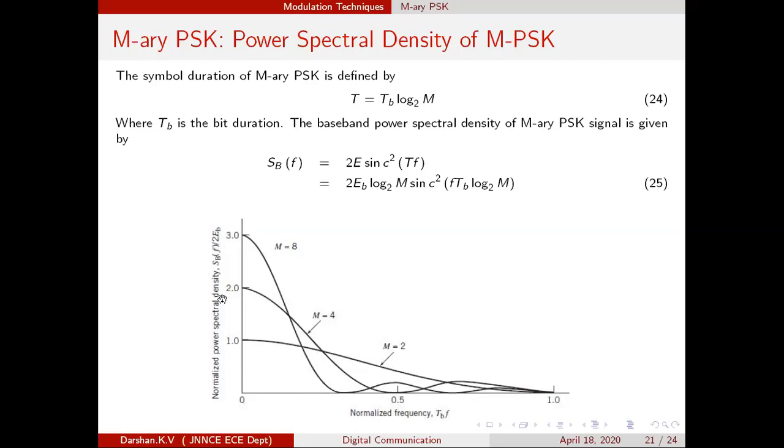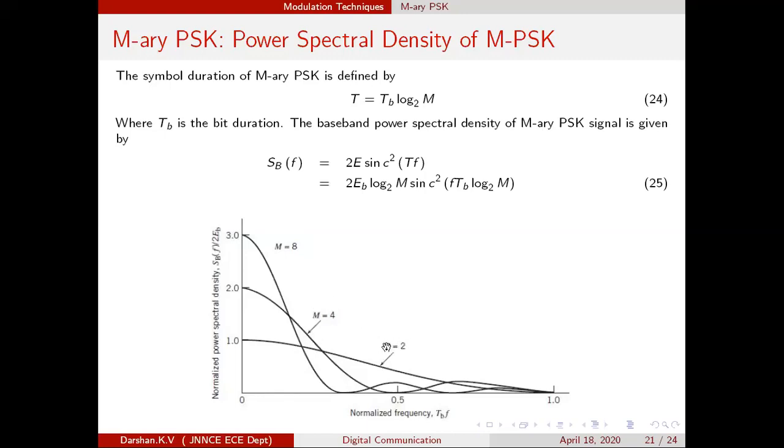M equal to 8 goes to 0 at 0.5, and M equal to 2 goes to 0 at 1. So by observing this curve, the M equal to 8 curve approaches 0 earlier when compared to M equal to 4 and M equal to 2. One can say that M equal to 8, or 8-ary PSK, is going to occupy a lesser bandwidth when compared to M equal to 4 and M equal to 2.